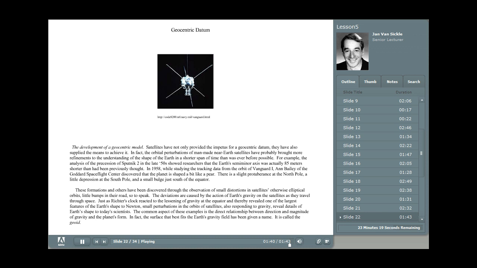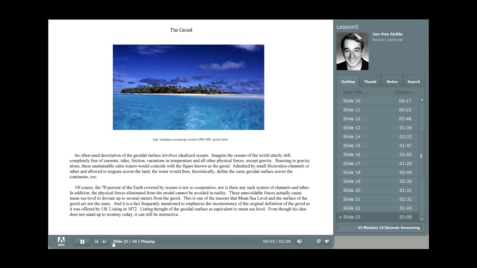And the surface that indicates that variation is known as the geoid. The geoid is sometimes illustrated as the surface of the sea, sometimes known as mean sea level. I hasten to add, however, that mean sea level and the geoid are different. They are not the same. Close, yes. The same, no.